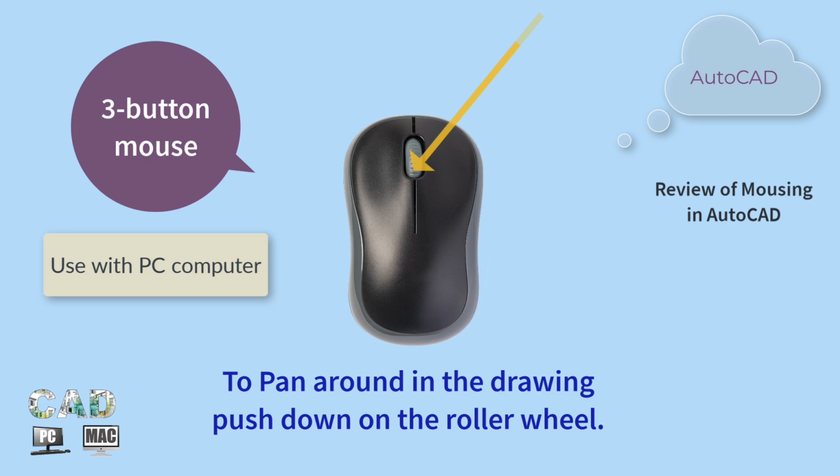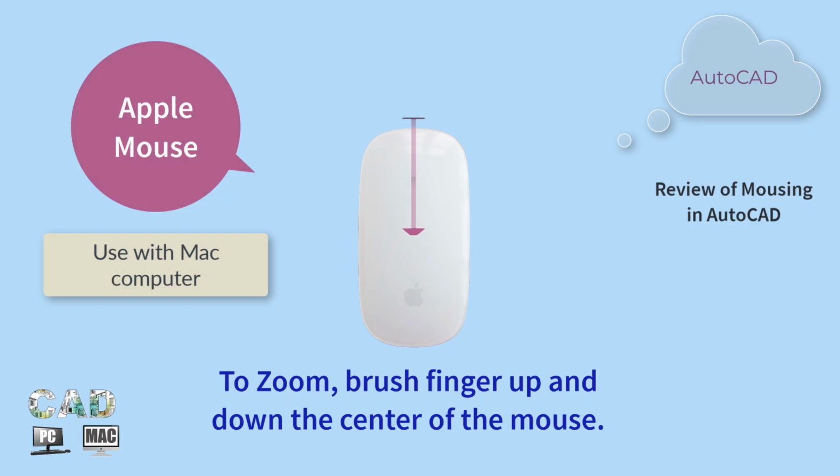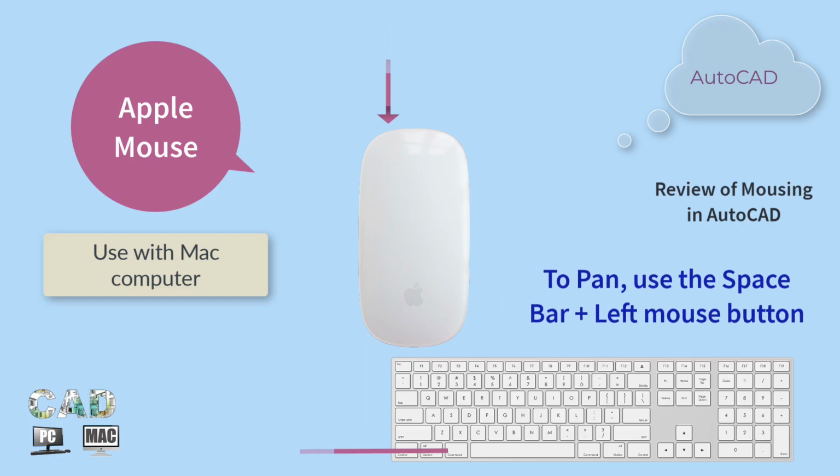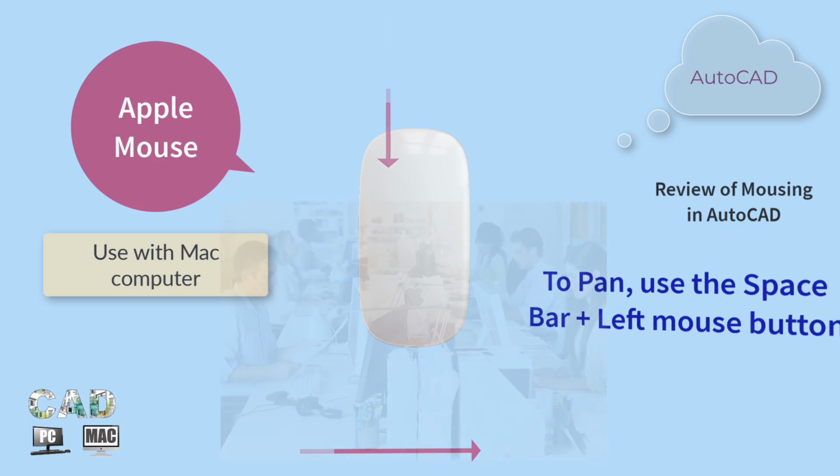To pan using the 3-button mouse, press the roller wheel down and drag the mouse left or right. To zoom around using an Apple mouse, brush your fingers up and down the center of the mouse. To pan using an Apple mouse, you have to use the spacebar on the keyboard and pick the left mouse button as you move the mouse left or right.